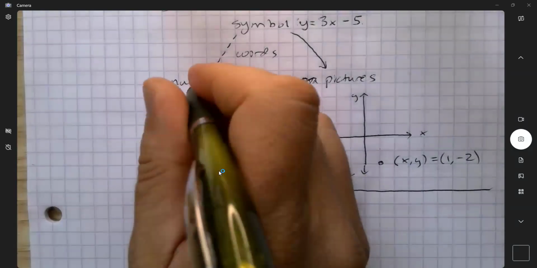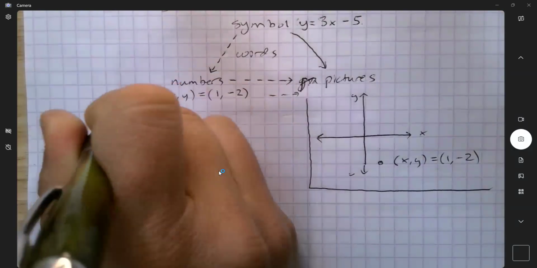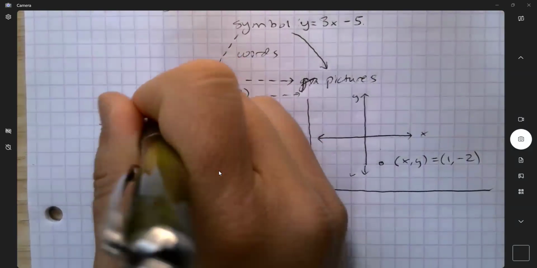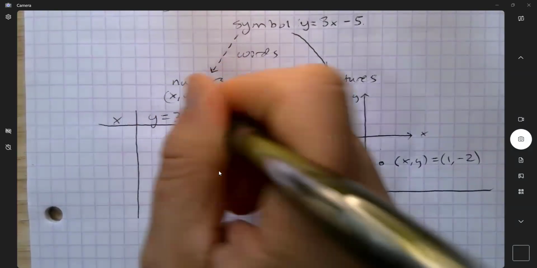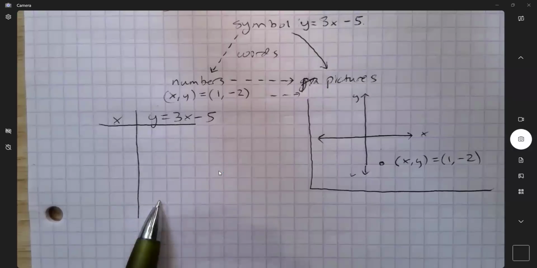But in general, our numbers representation, we want to organize it in a table where we pick different x values and we find out what our different y values are. And those are going to give us the coordinate pairs for graphing.